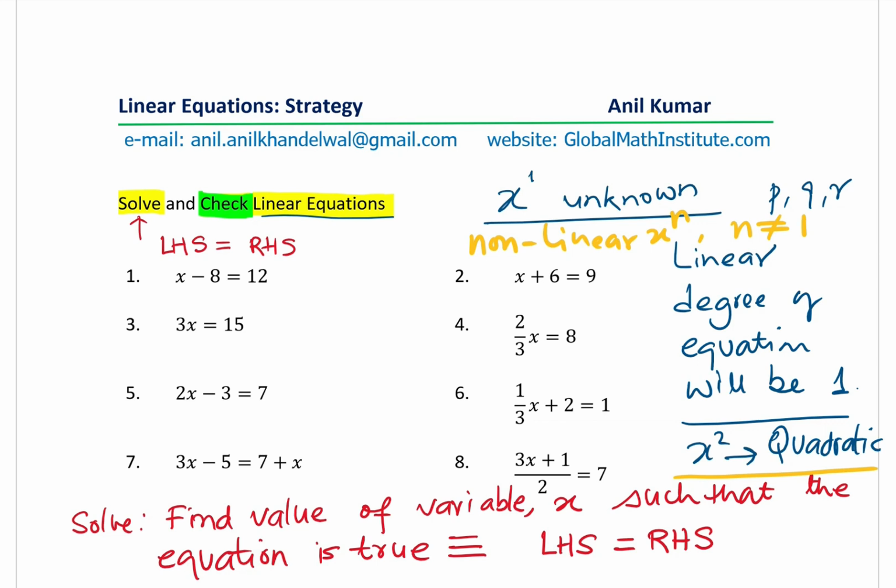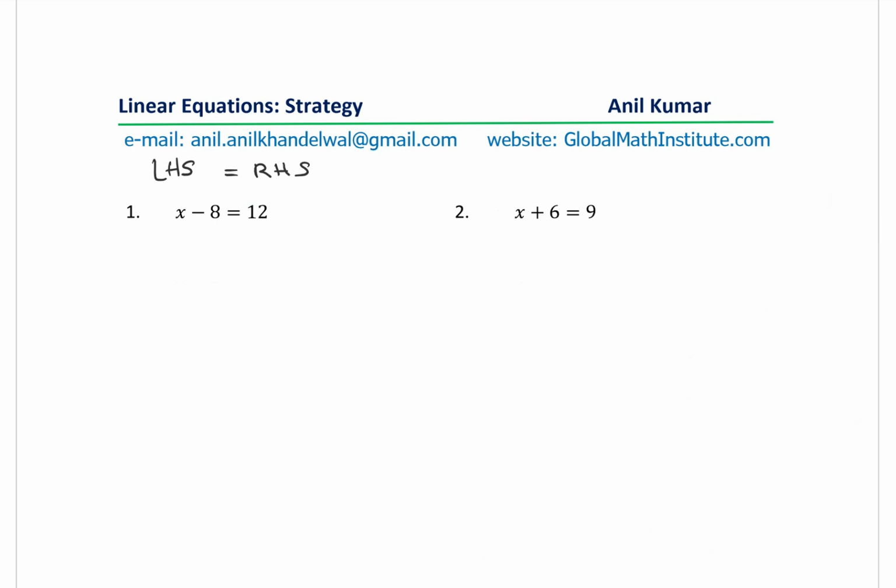Now let's begin with the very first question and see how to solve it. We are given that x minus 8 is equal to 12. Now equal to is like a balance. So what we can do here is that we can add same terms on both the sides.